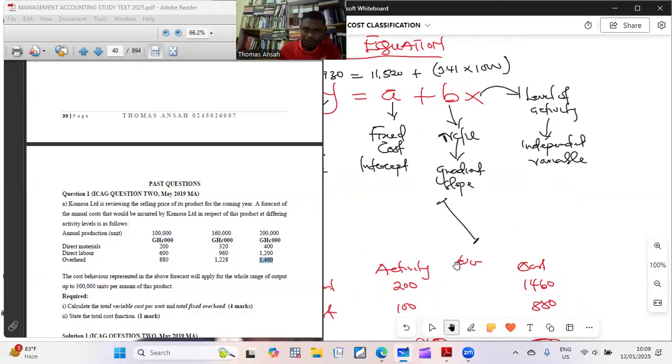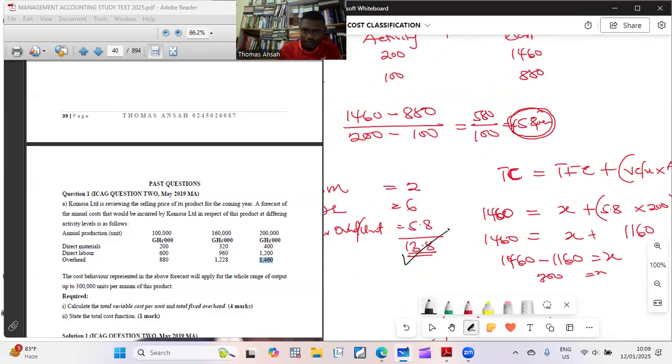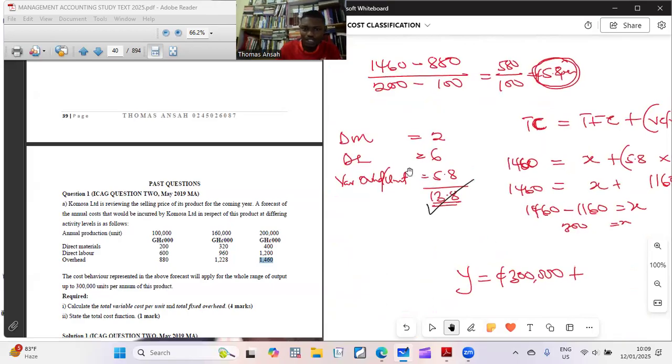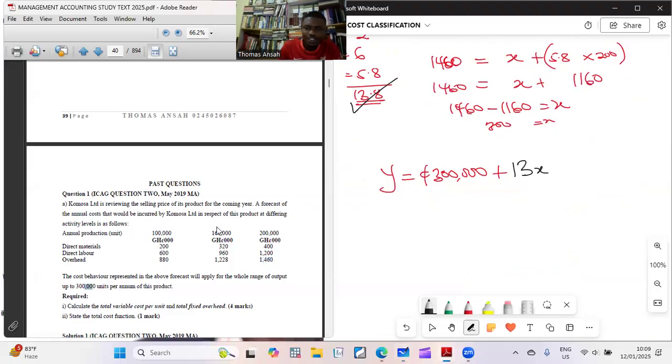So the total variable cost per unit we had was 13. So don't go and put 5.8. We are looking at everything in total variable cost. This is just the variable overhead, and there are other ones attached to it. So that one will be 13x. What is x? X is the level of activity. If you give me the level of activity, let's say 300, I can represent it by x and get you the value. So that is the function. You do this, you get 5 marks.